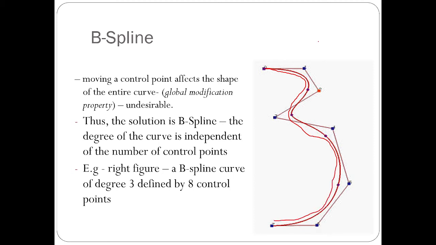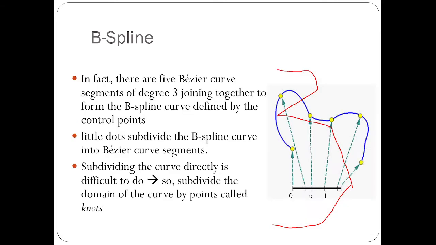So these are the points. Based upon the points, you can draw the curve. This 1 and 4 and 5 and 6 and 7. Thus the solution is B-spline.